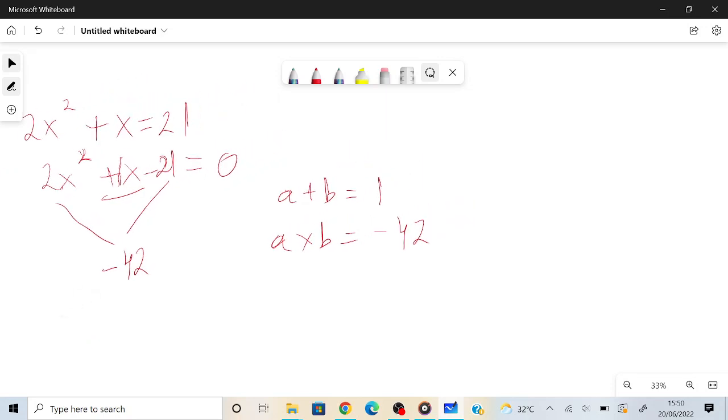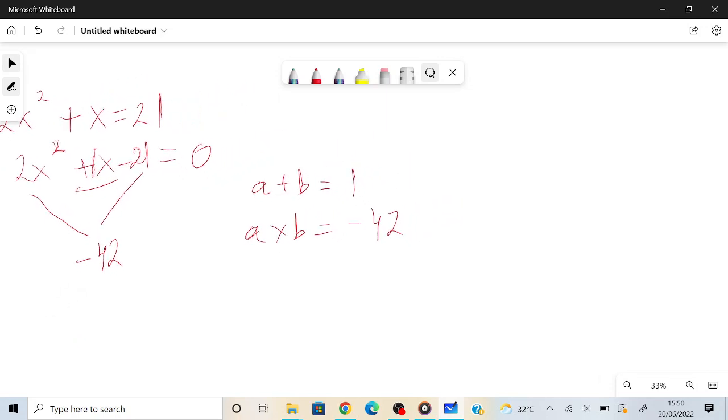Again, it takes practice to know what numbers, but thinking of this, I can probably think of a factor of 42, let's say 6 and 7, because they're both factors and they're very close to each other, so there could be a difference of 1.